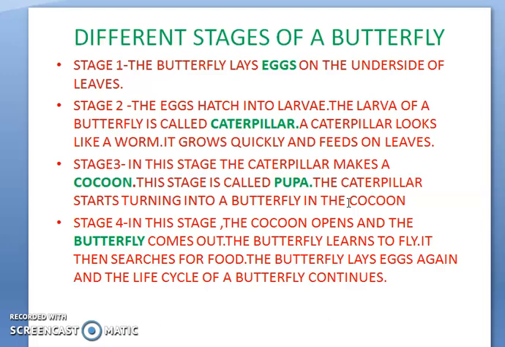In the 4th stage, the cocoon opens and the butterfly comes out. The butterfly learns to fly. It then searches for food. The butterfly lays eggs again and the life cycle of a butterfly continues.